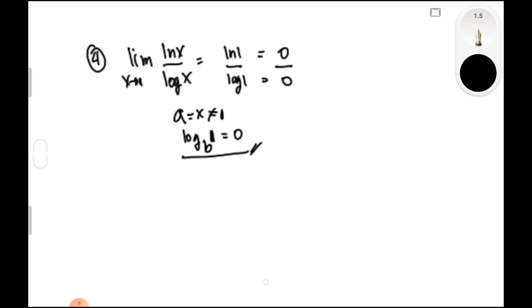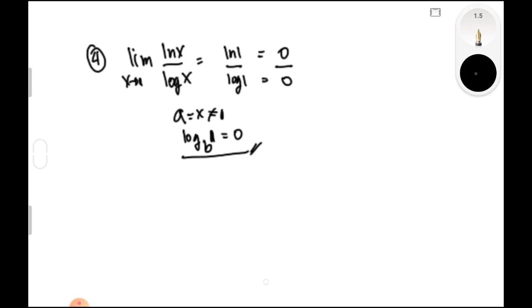So ang gagawin natin dyan is that since it is indeterminate, let us solve the equation in the sense that we have similar ln and similar log. Because take note that you cannot apply the different properties of logarithm if we have different base.